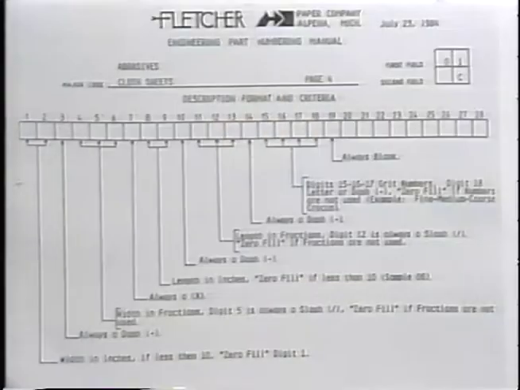Now, the page number 5, we have the second field, which is C, and that is cloth sheets. And again, we've got the same definition. And I made a comment in the previous section. You're going to have to go through these examples several times. This is not a book to read and then forget about.